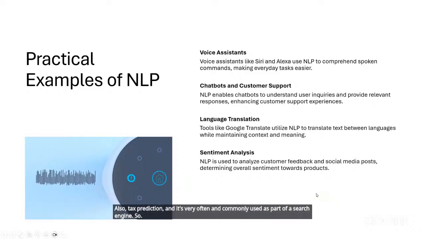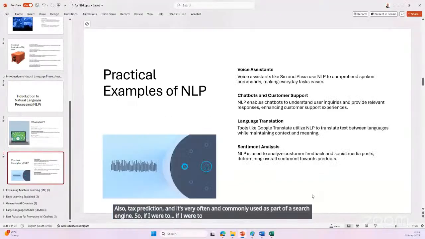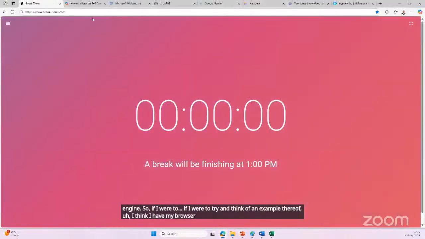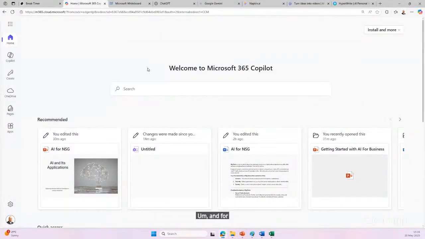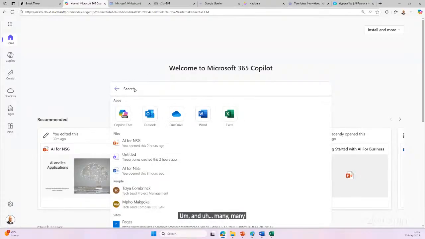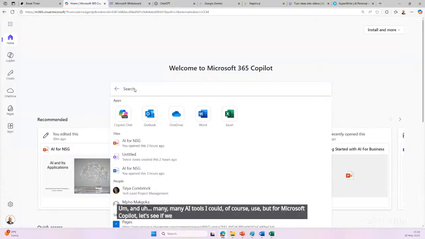If I were to try and think of an example, I think I have my browser open over here, and for this I'm just going to use something like Microsoft Copilot, though of course I could use many AI tools. Let's see if we can ask it a question.